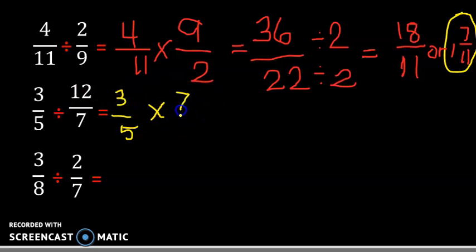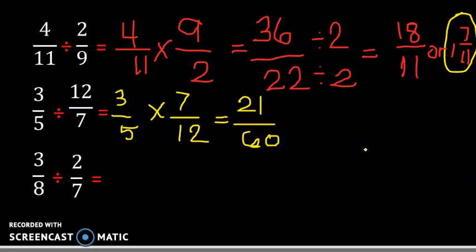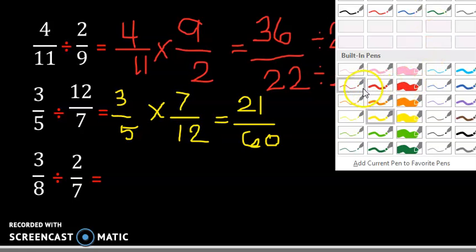So 7 over 12. Step number 4, apply the steps on how to multiply fraction. So 3 times 7 is 21. And 5 times 12 is 60. So this is our final answer, 21 over 60.